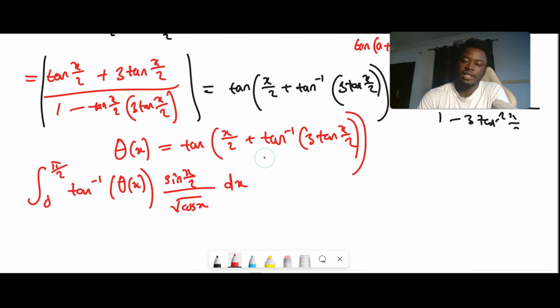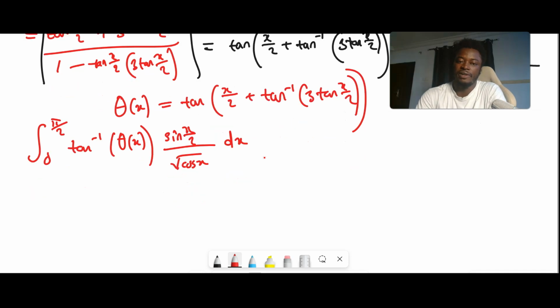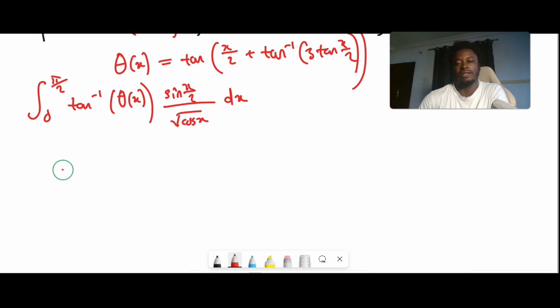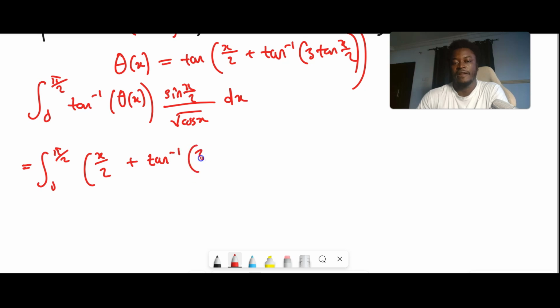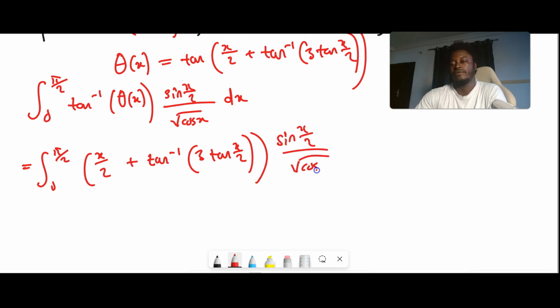Okay, this is the integral we intend to solve. Now we have simplified theta of x, although there is one big problem now. We can't just say this is equal to the integral from 0 to pi over 2 of x over 2 plus tan inverse of 3 tan of x over 2.